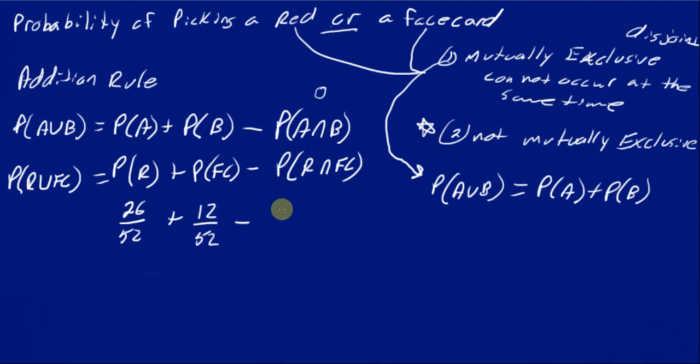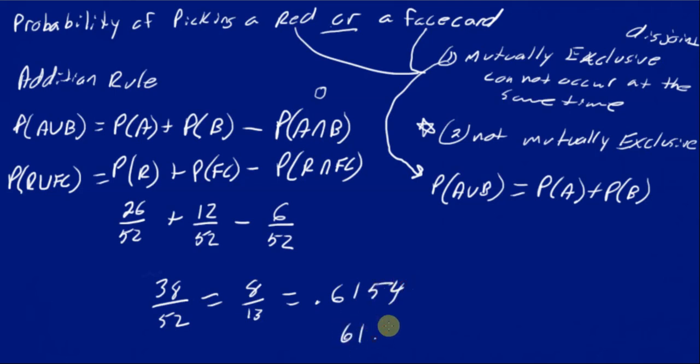Well, half of them are red, so 3 per suit, 3 times 2 or 6 out of 52. So we're going to add the 26 and the 12 together, which is going to be 38 minus 6. So we're looking at 32 out of 52, which should reduce down to 8 over 13. Give me 0.6154 or 61.5%.